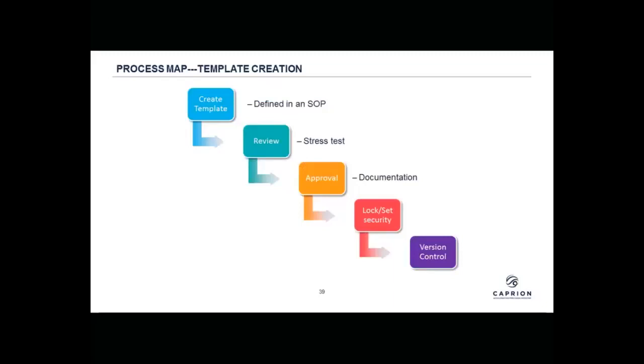We need a process map for creating those templates. And what we want to see in a template should be defined in an SOP or another driving document. So there are requirements that you will have at your institution that you need to have in that gating and acquisition template. And then you need to have the template reviewed by someone else in the software with some data. You need to stress test that.